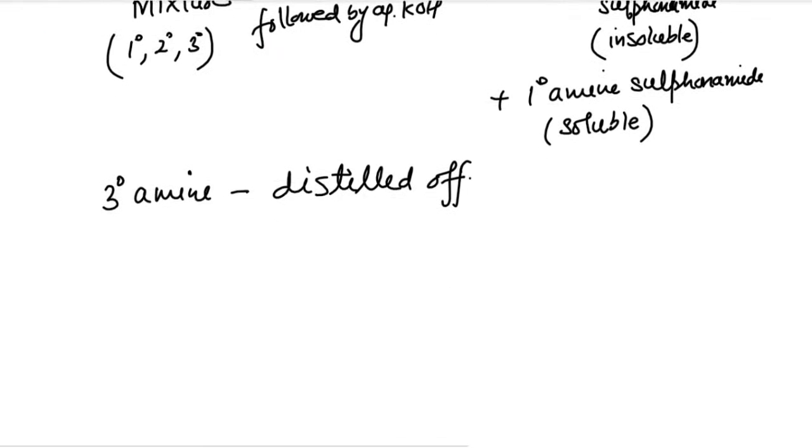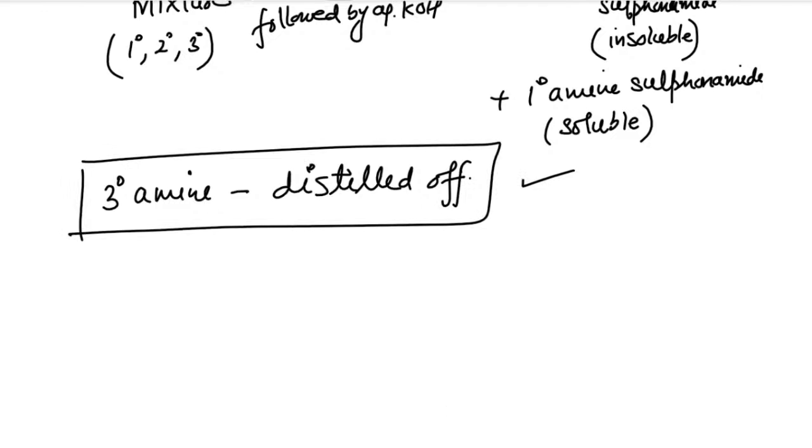So tertiary amine is separated. Now we have a mixture of sulfonamides of primary and secondary amine. Now this remaining mixture, we filter it.